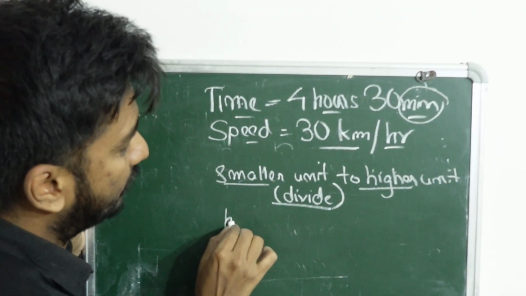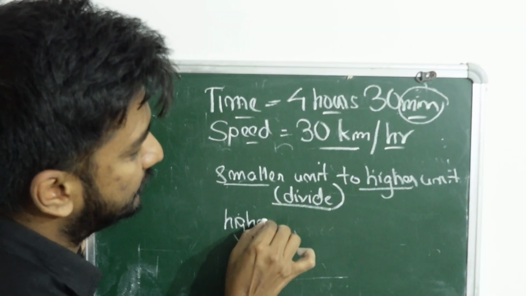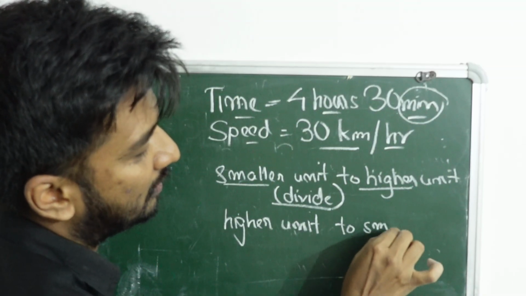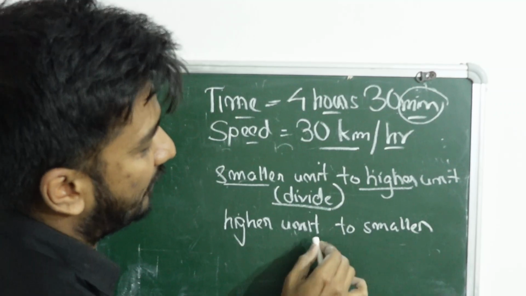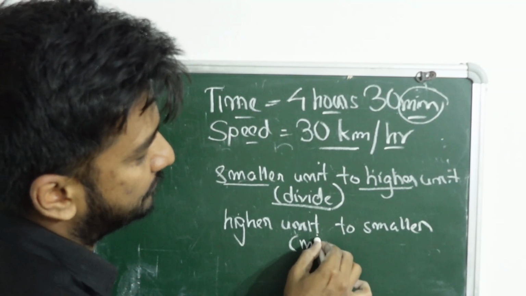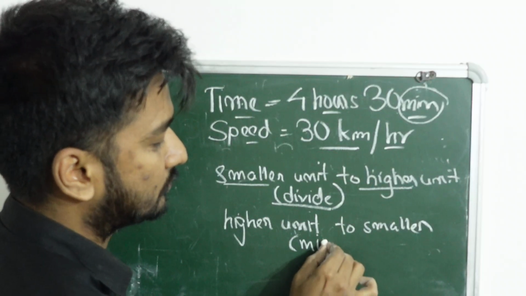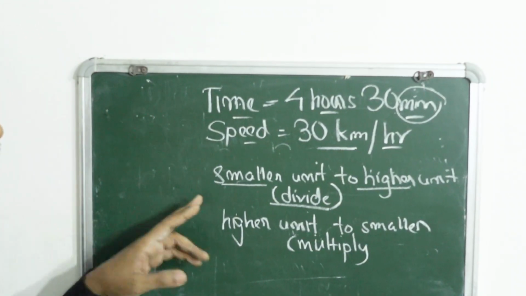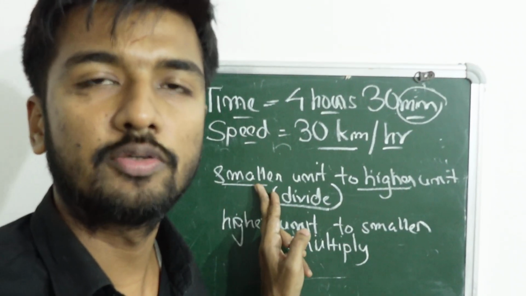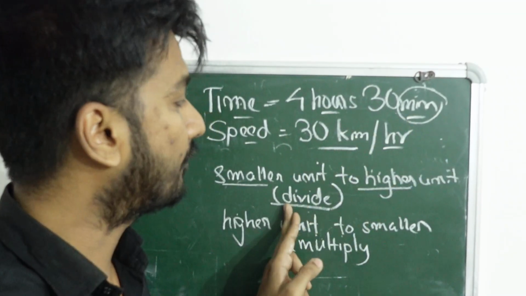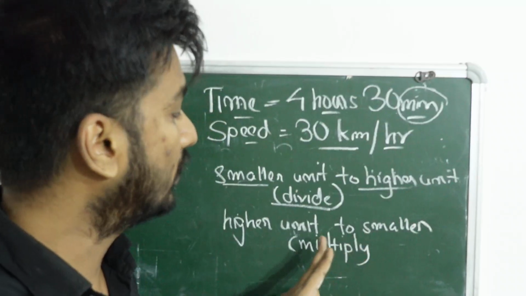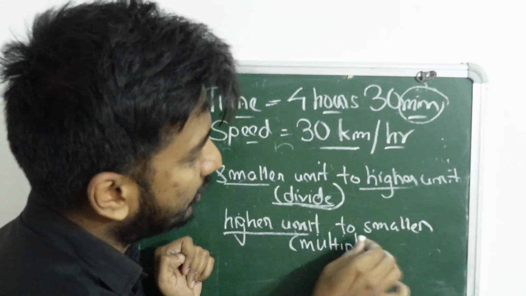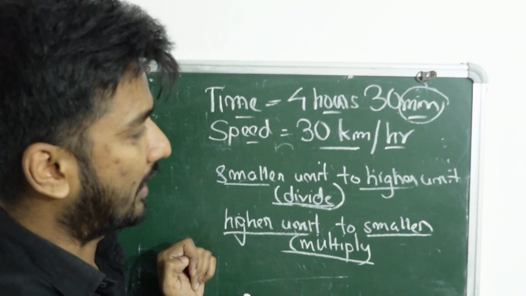When you go from a higher unit to a smaller unit, you multiply. So if you go from a smaller unit, here minute, to a higher unit, you divide. What to divide by, I will do in the next session. And from a higher unit to a smaller unit, you always multiply.